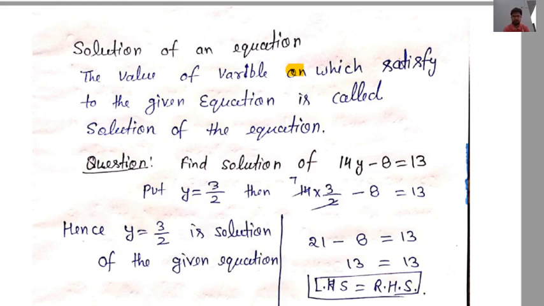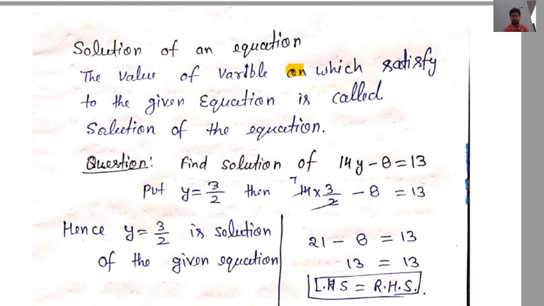In place of y I write here 3 by 2, because I have chosen y equals to 3 by 2. 14 is already written, so this 14 I write here. Minus 8 equals to 13.